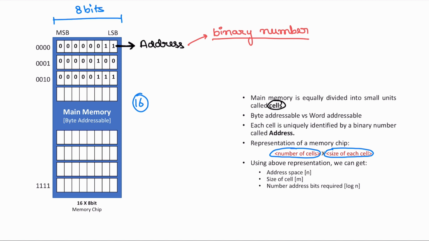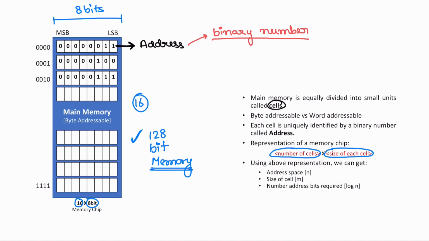Therefore, for this 128 bit memory, and this memory is byte addressable memory, we will be representing this memory as 16 cross 8 bits.